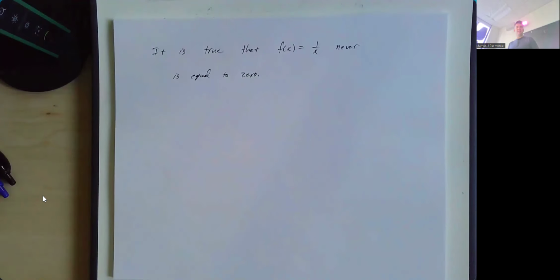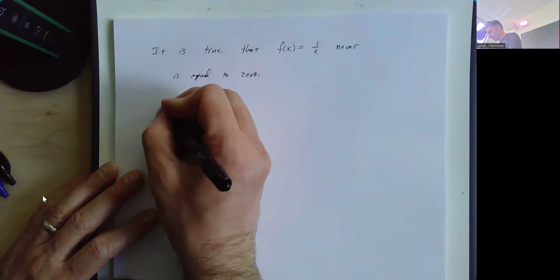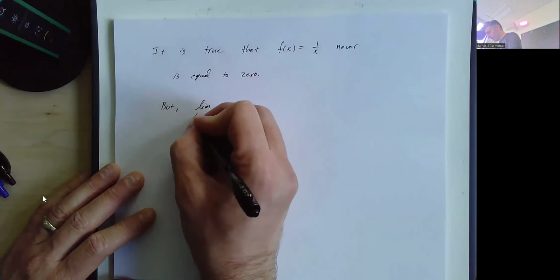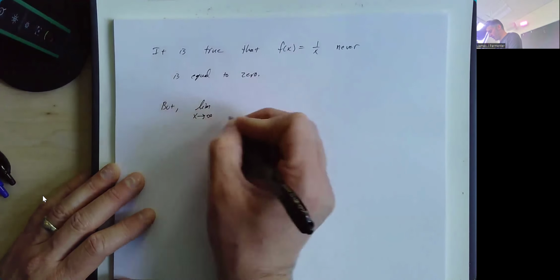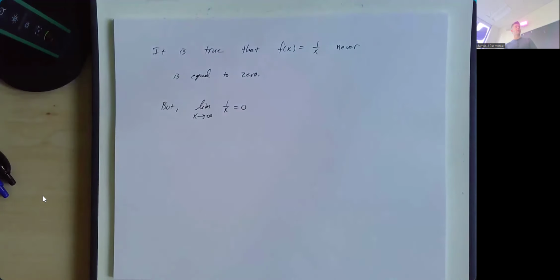But it is still true that the limit as x approaches infinity of 1 over x is equal to 0. And I use those words explicitly and purposefully.